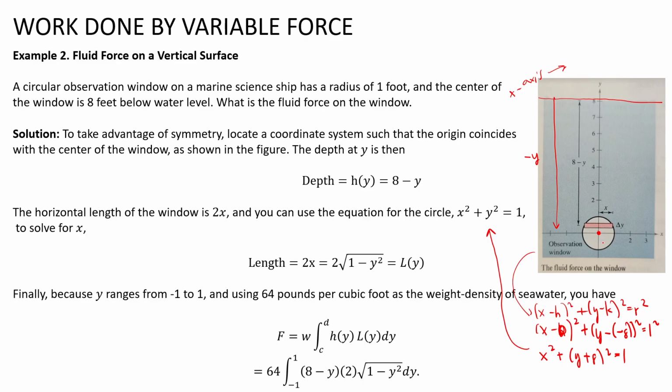And then for your x right, so this is your x right minus x left. So x right is the equation of the circle. So since you are situating your x-axis at the top of the surface of the water, so this becomes x equals the square root of 1 minus y plus 8 squared.